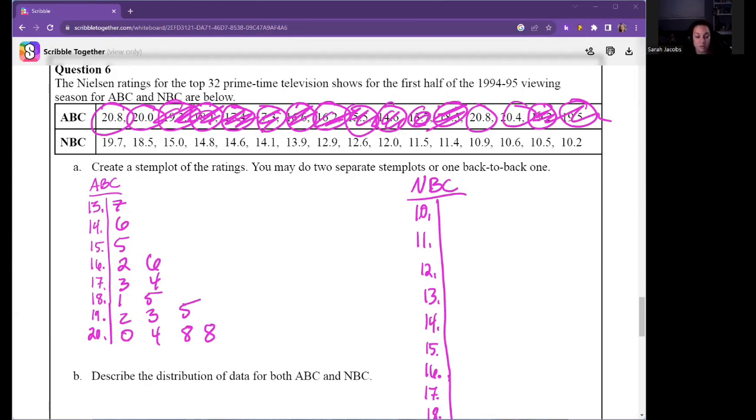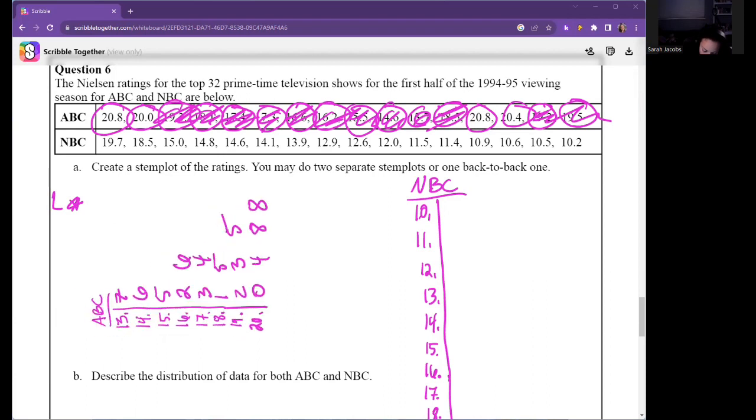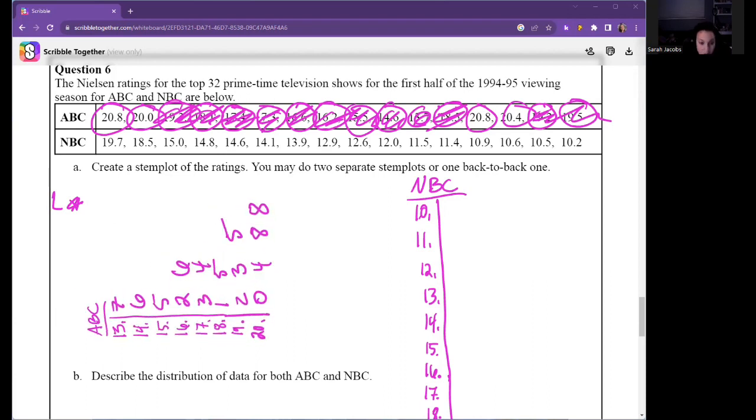Now, if we want to figure out the shape, you're going to rotate your paper so that this lowest bit is on the left. So with some movie magic, I can just rotate it and we can see that this is very much skewed left.